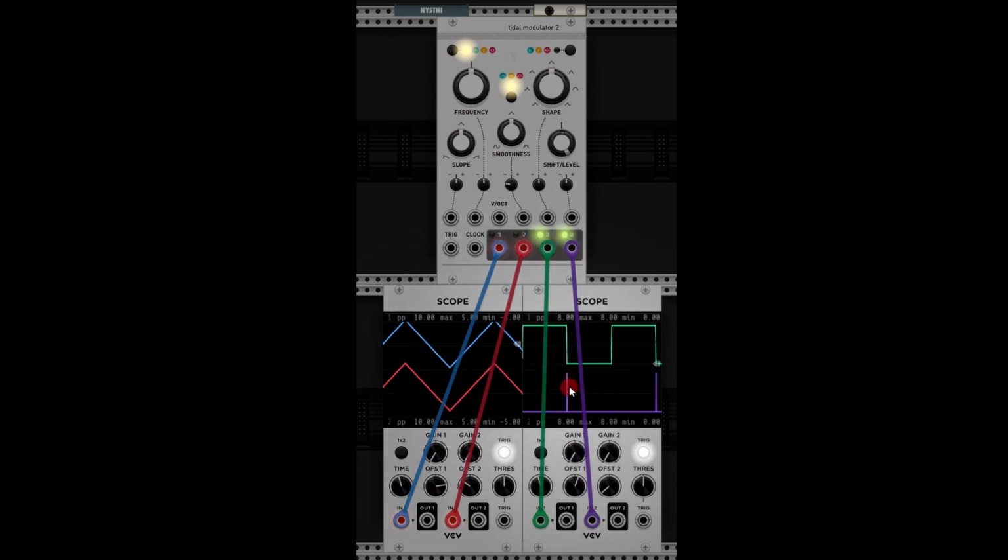There's an interesting phase relation between the triangle wave or any other wave shape of outputs 1 and 2 on one hand, and the square wave of output 3, the green one, on the other hand.